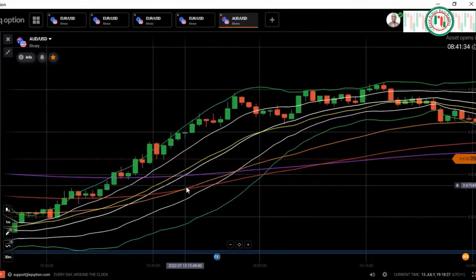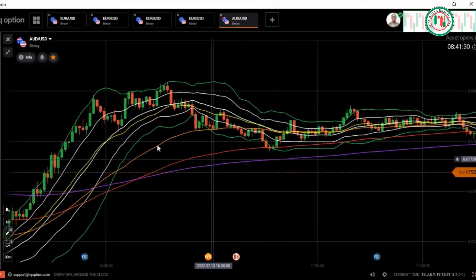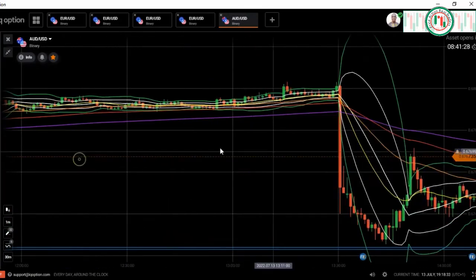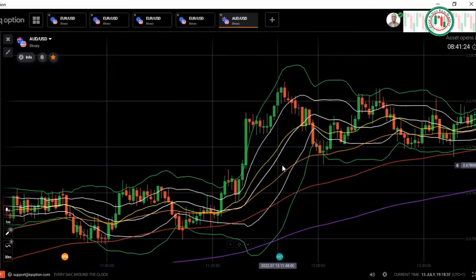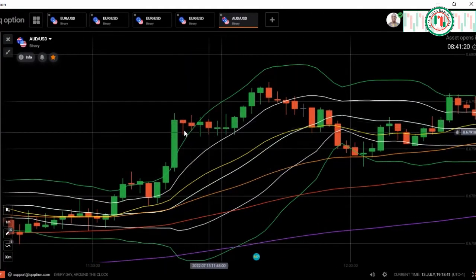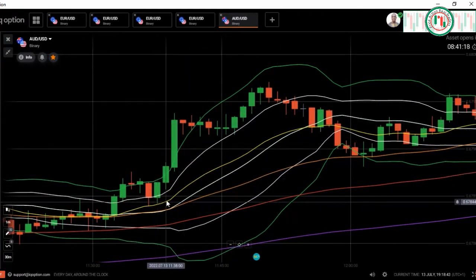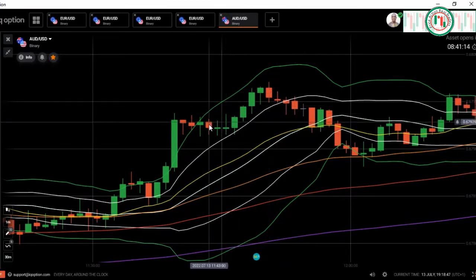You see here, even though here, but from here it's not nice. Yes, here you see, this is the alignment of the EMA up. Then you see here, even though it's low volume, if you have a low volume market, be careful.